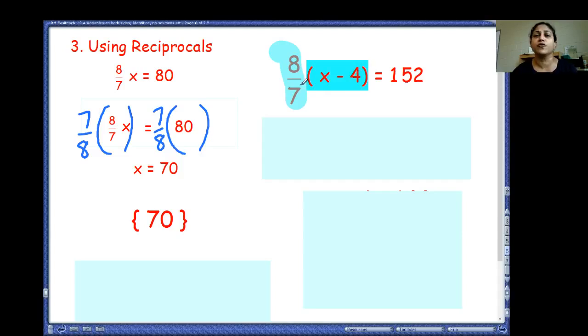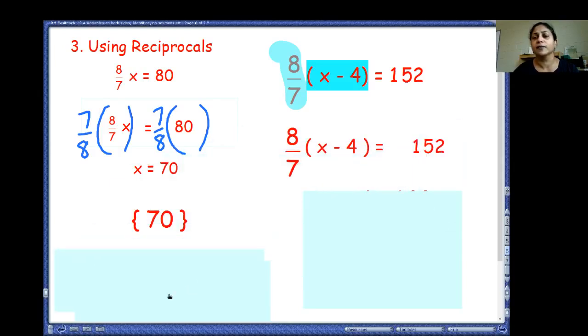So we have two factors, and just like in the first equation, to remove the 8/7, we need to multiply by 7/8. You're going to put parentheses around each factor, and you're going to multiply both sides by 7/8.